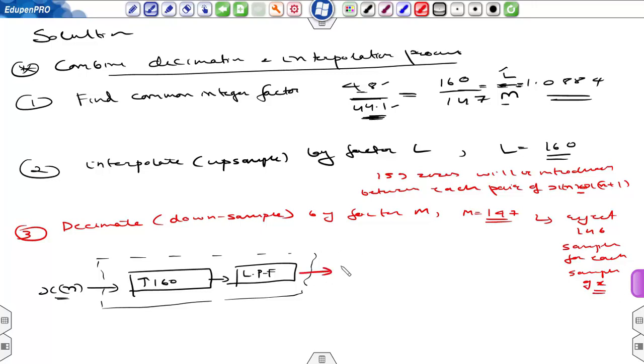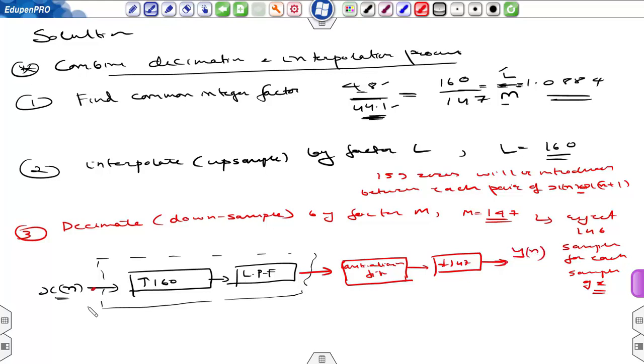Okay, so now you have to use a decimator. First you have to use an anti-aliasing filter, and then you will downsample it by factor 147, and this will be the output signal y[n].